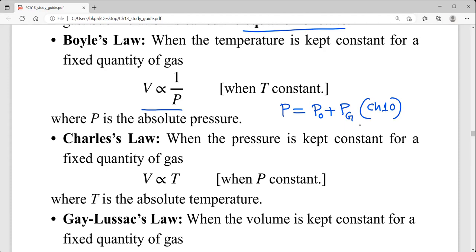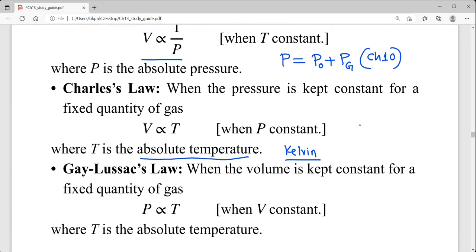So when the pressure is constant, the volume V of a fixed quantity of gas is proportional to the absolute temperature T. So what is absolute temperature? In the last lecture you learned that absolute temperature is the temperature measured in the Kelvin scale. That is the absolute temperature.